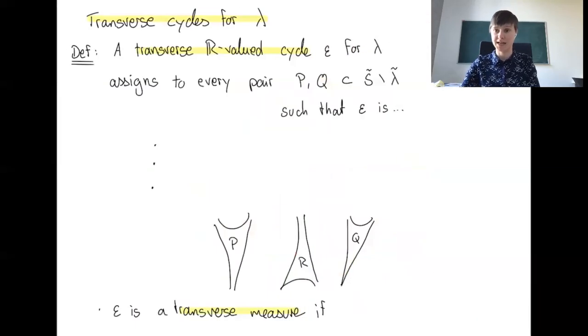So I fix a lamination lambda. And I've said before that for an earthquake, we need to know a transverse measure. But now, first, I explain to you what a transverse cycle is.